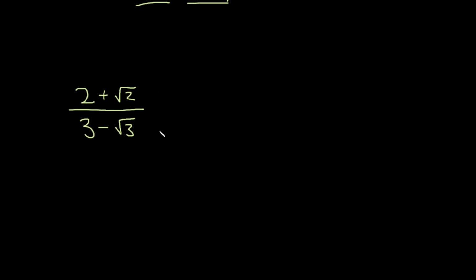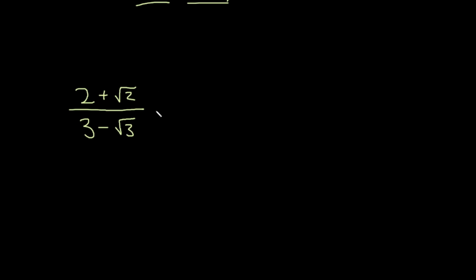Often in radicals, you can't really have a radical in the denominator. So you try to rationalize the denominator: you bring all the radicals into the numerator and leave the denominator as a whole number.